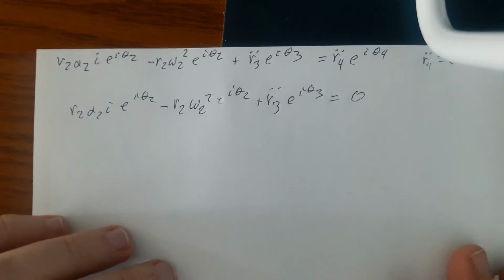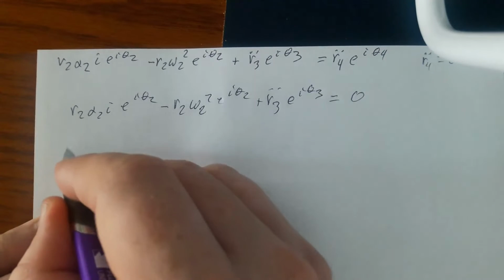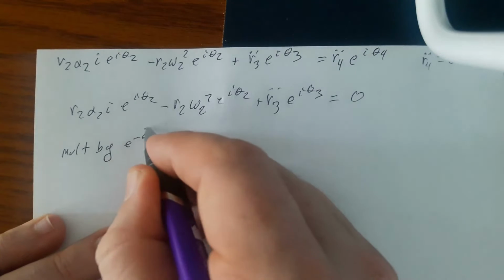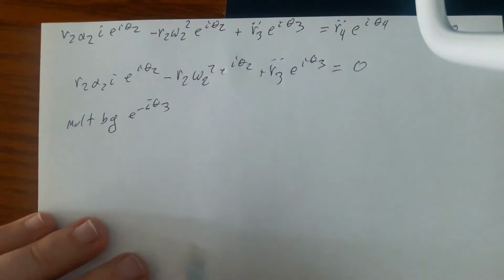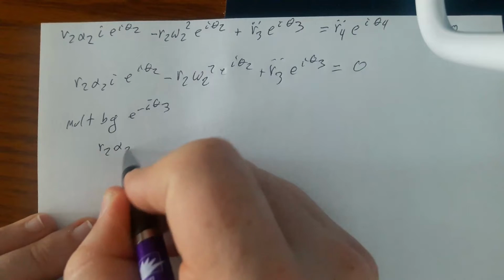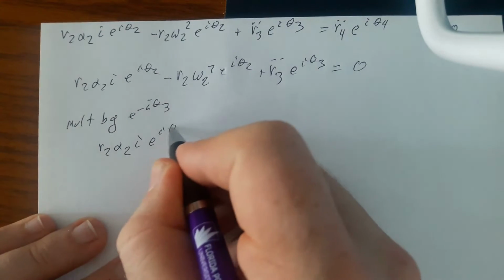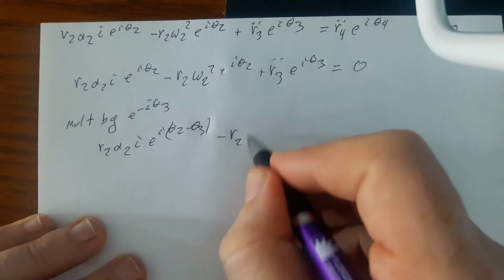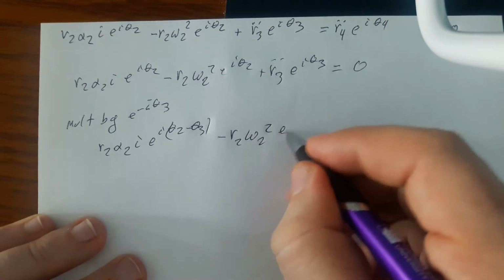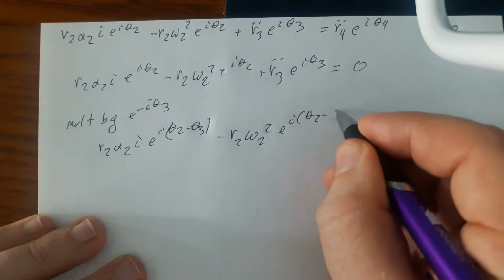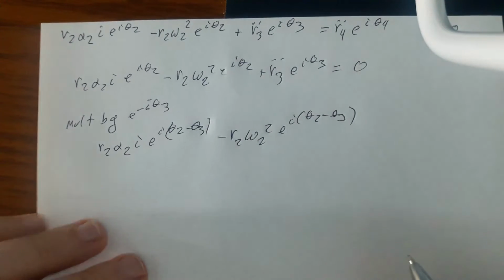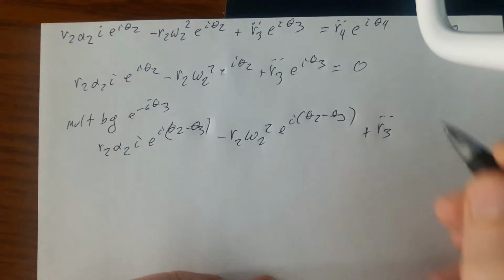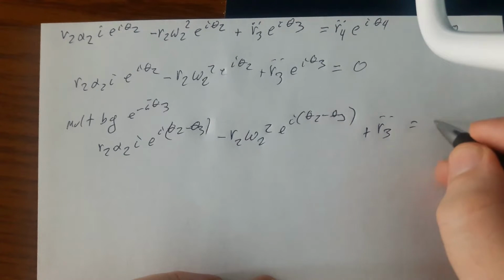And so we can multiply through by e to the minus i theta 3, and that will give us R2 alpha 2 i e to the i theta 2 minus theta 3 minus R2 omega 2 squared e to the i theta 2 minus theta 3 plus R3 double dot, and that'll be equal to 0.